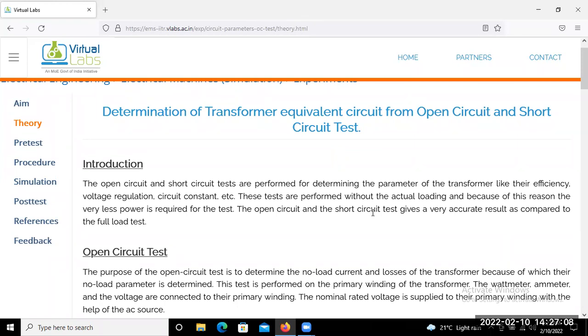You already know that a transformer consists of two windings. One is known as the LV winding and the other is the HV winding. So during the open circuit test, we connect all the instruments on the low voltage side and keep the HV side winding open.